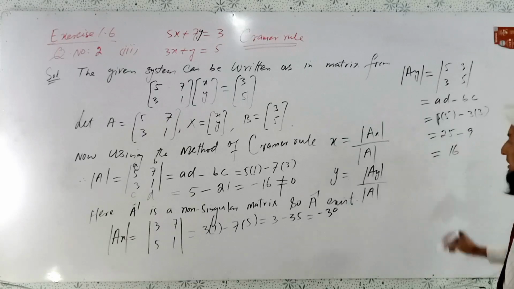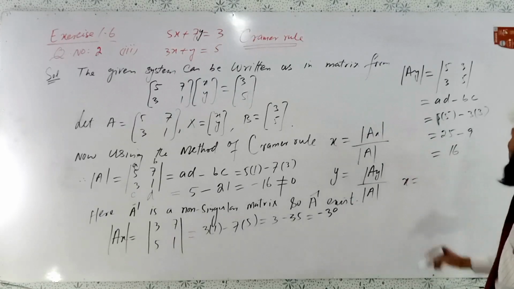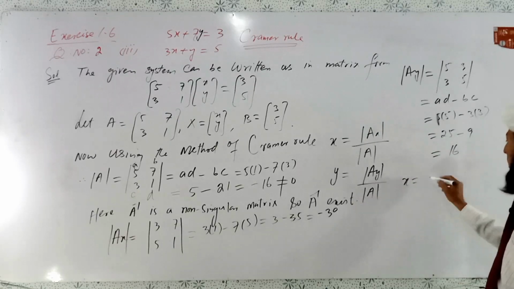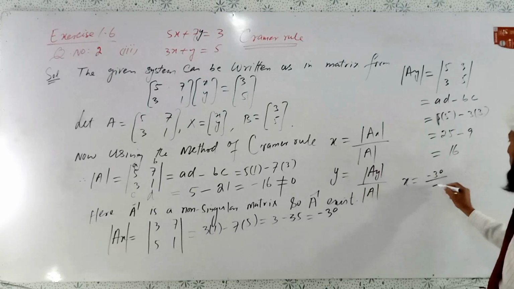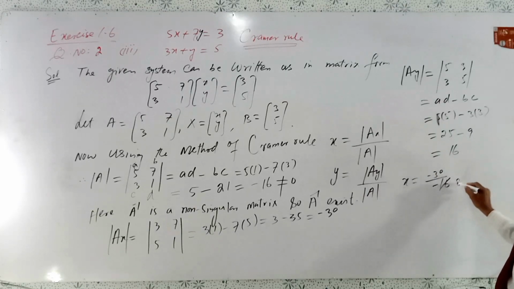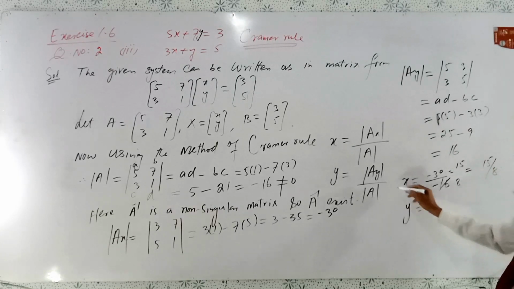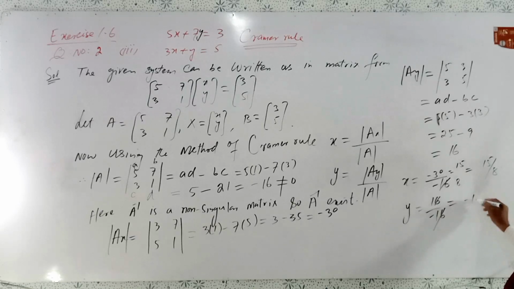So we get 16. Now put the values in the above Cramer's rule formula. We get the value minus 30 divided by minus 16. So we get the answer 15 over 8, and similarly y is equal to 16 divided by minus 16, so we get the answer minus 1.